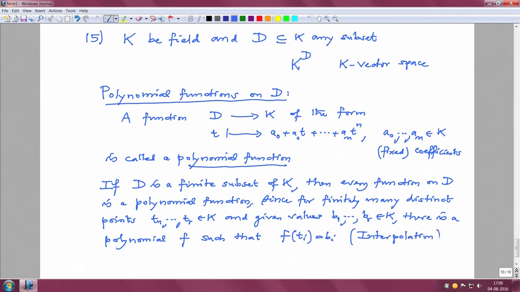There are two ways to construct such polynomials. One is called Lagrange interpolation, and the other is Newton interpolation.